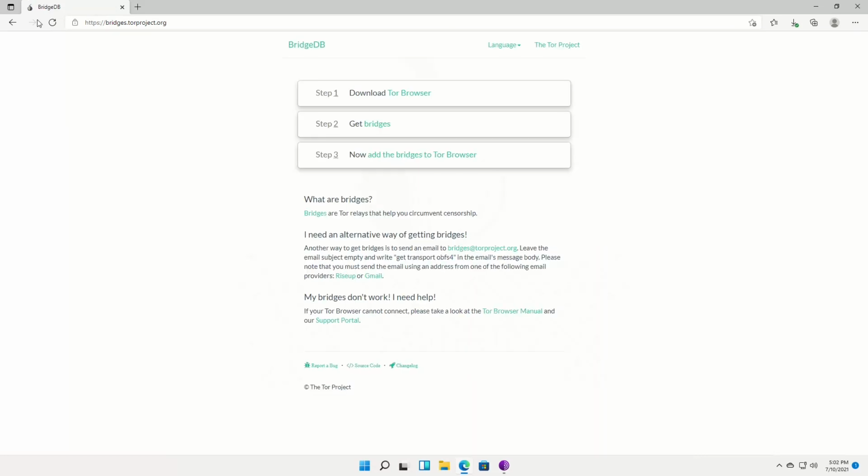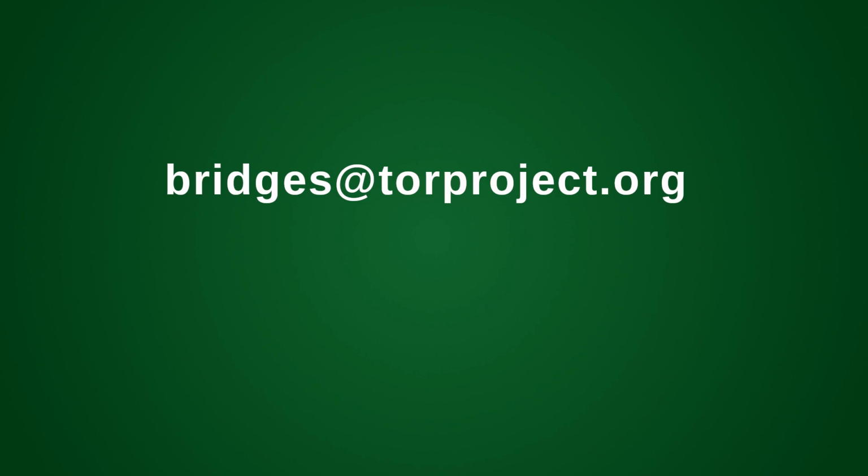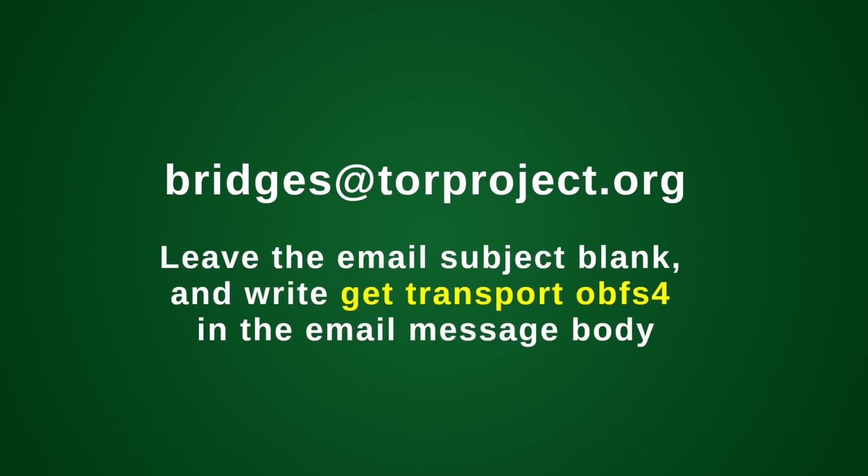If the Tor project website is blocked in your country, send an email from a Gmail or RiseUp account to bridges@torproject.org. Leave the email subject blank, and write Get Transport OBFS4 in the email message body.